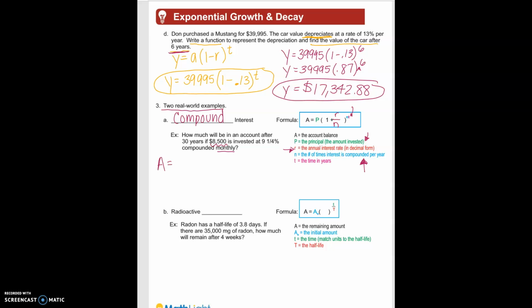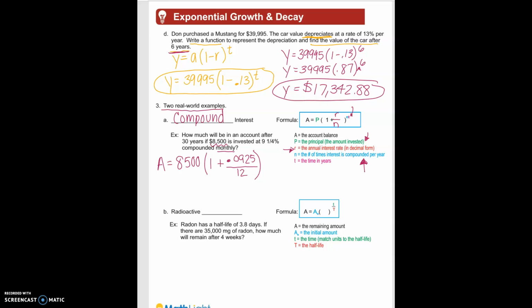So our account balance is going to be equal to the $8,500 we started with times 1 plus our rate, which is 9.25, so that looks like 0.0925, divided by 12, because we're compounding monthly, so each year we're compounding it 12 times, once per month.